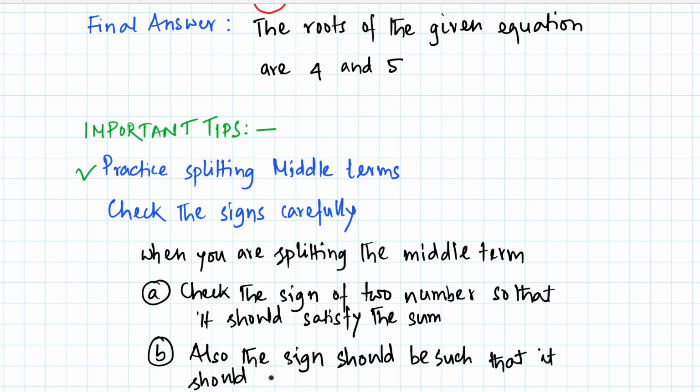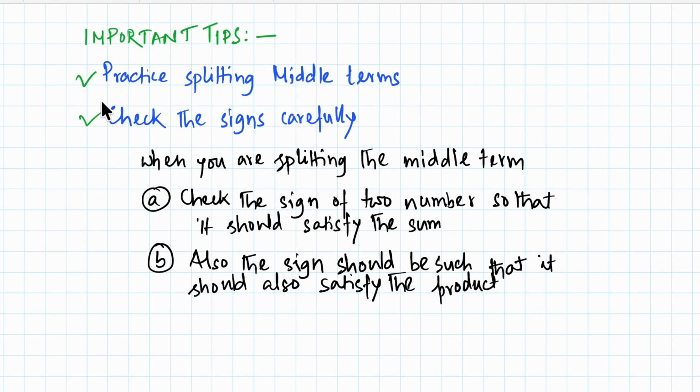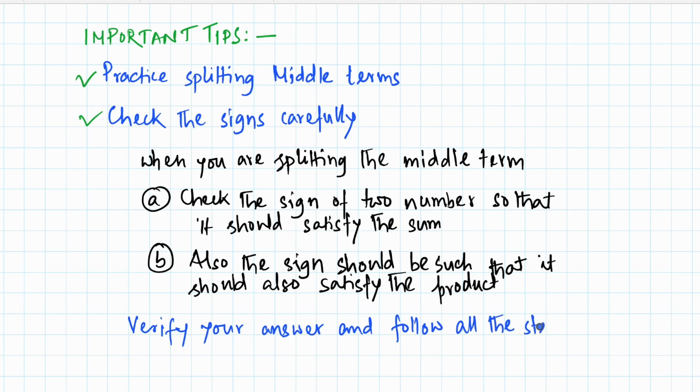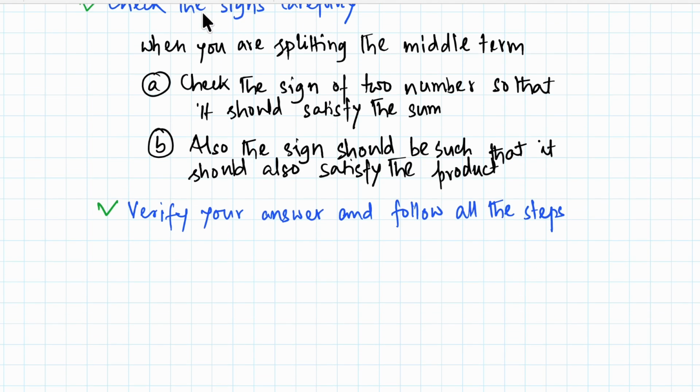So we have to take the sign in such a way as well as the value, so that both the sign and the value of the sum and product are satisfied. That is most important. So check the sign carefully and verify your answer after you get it. Put that particular value in the equation and see whether it comes to 0 or not.